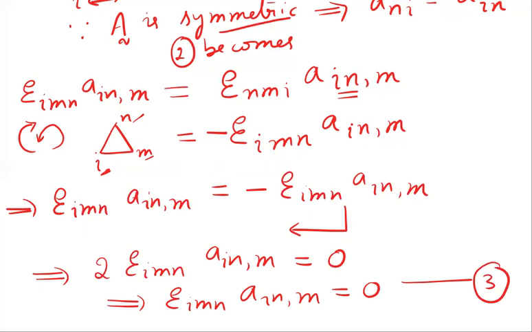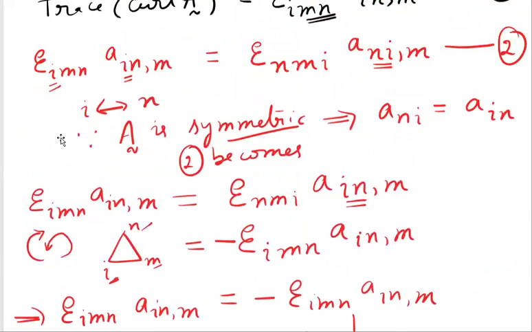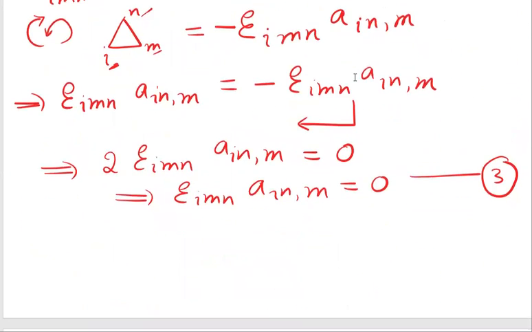Now, what is our equation 1? Equation 1 is telling me epsilon_imn A_in,m is equal to trace of curl A. What is equation 3? Equation 3 is epsilon_imn A_in,m equal to 0.